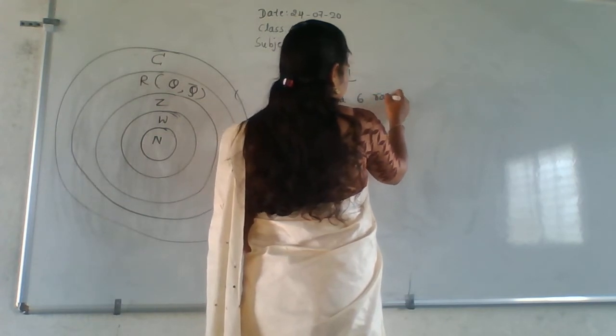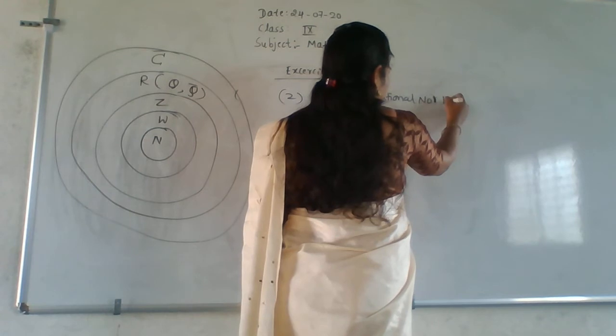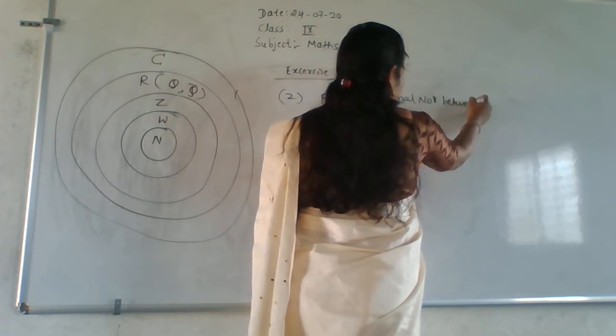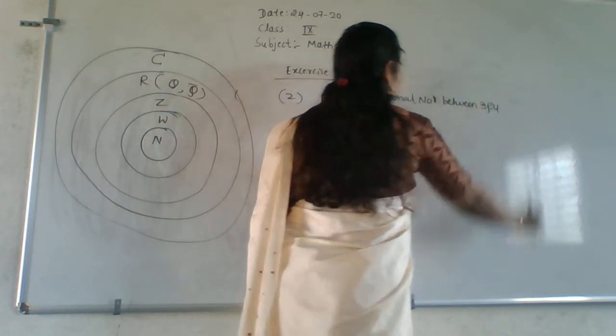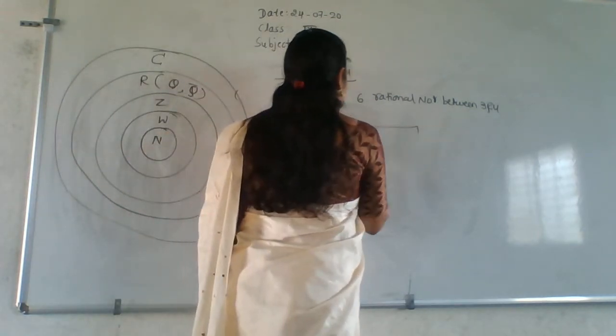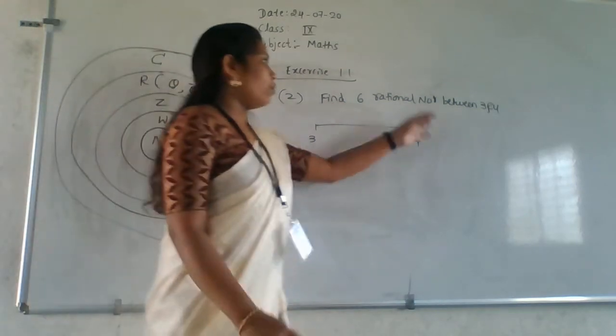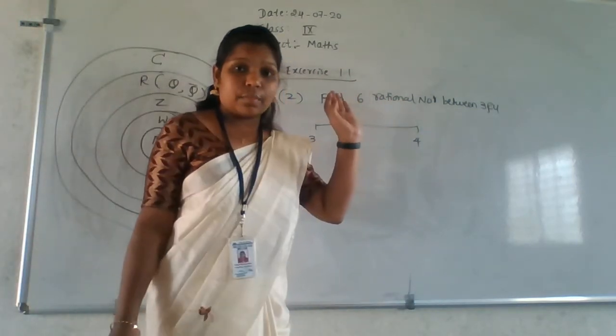Next they told: find 6 rational numbers between 3 and 4. Again, this is 3 and here is 4. Between 3 and 4 you have to find 6 rational numbers.